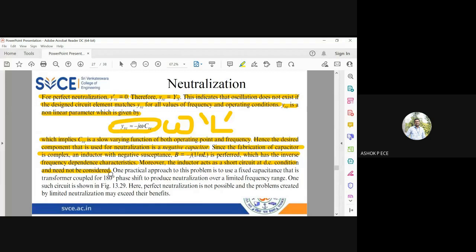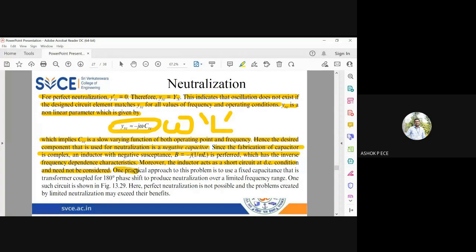There will always be a constant DC biasing present in the circuit. For all the DC operating conditions, the inductor will present a short circuit, so heavy current will flow through your circuit, which may damage it. So inductor is one choice, but I cannot use it because there is a problem with the DC.